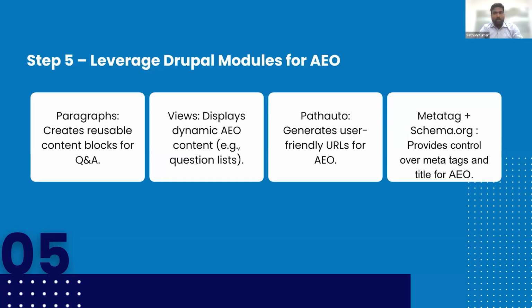Pathauto is used to create automatic URLs for these views and other pages that are easily crawlable by AEO. And with the Metatag plus Schema.org module, you will have complete control of the meta tags and titles for AEO. Automatically it will create that content, but if you want, you can also edit it. So you have complete control of that.